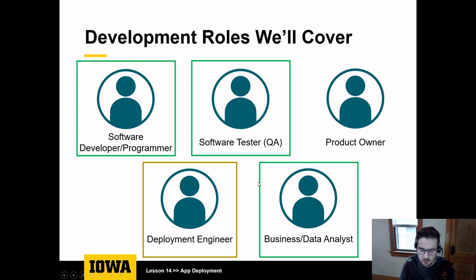And this topic falls into the deployment engineer software development role. So sometimes deploying the software is a big enough task that there is a specific person or a specific set of people, and their job is to deploy the software, not to write the software, not to test the software, to deploy the software.